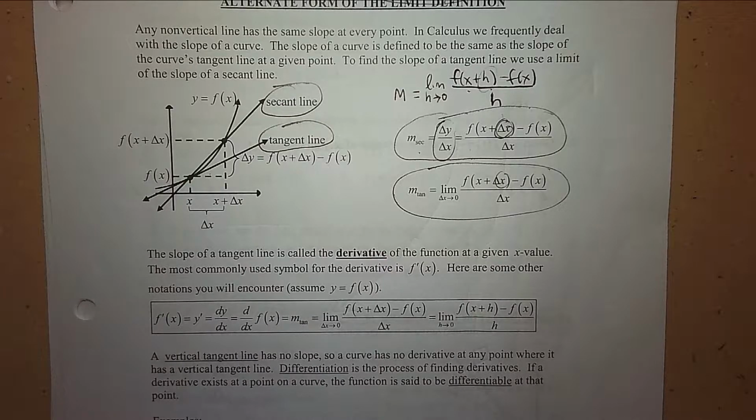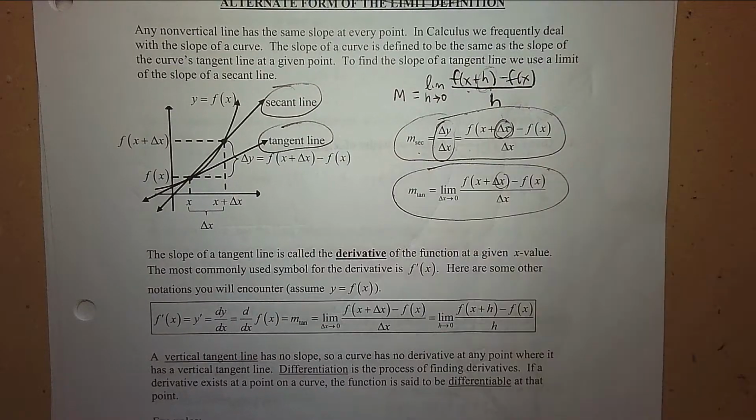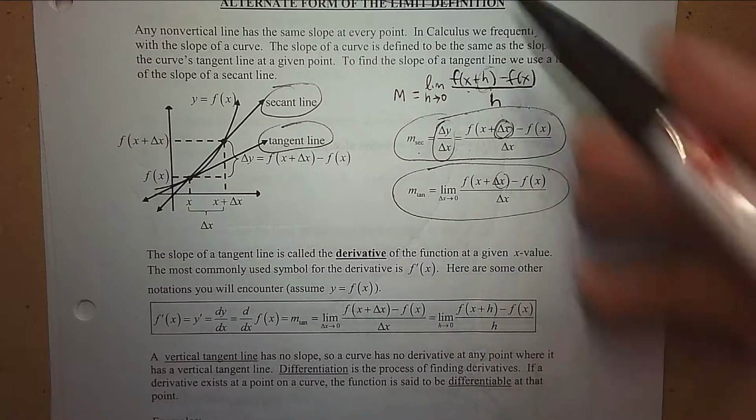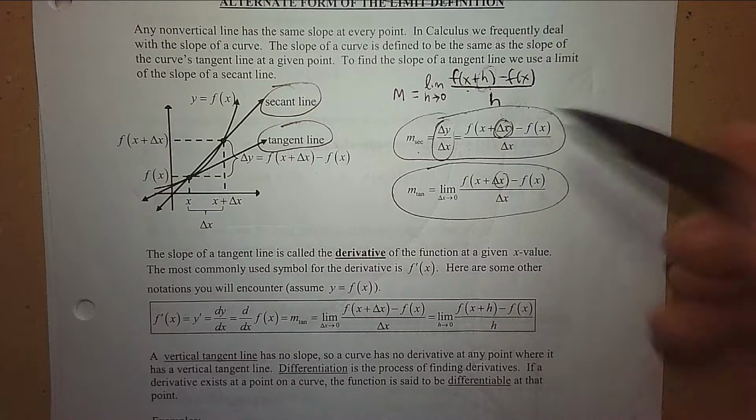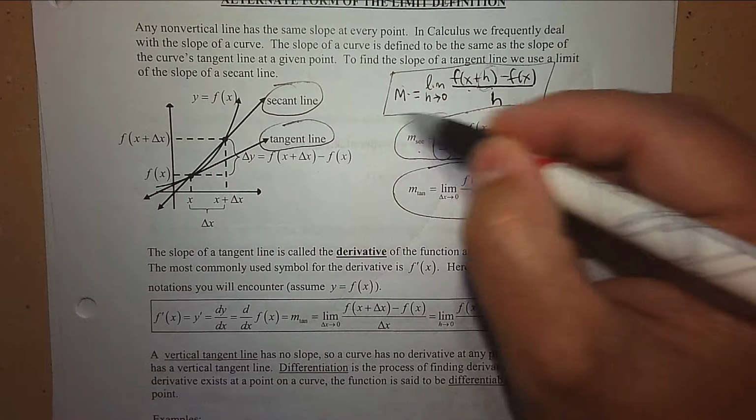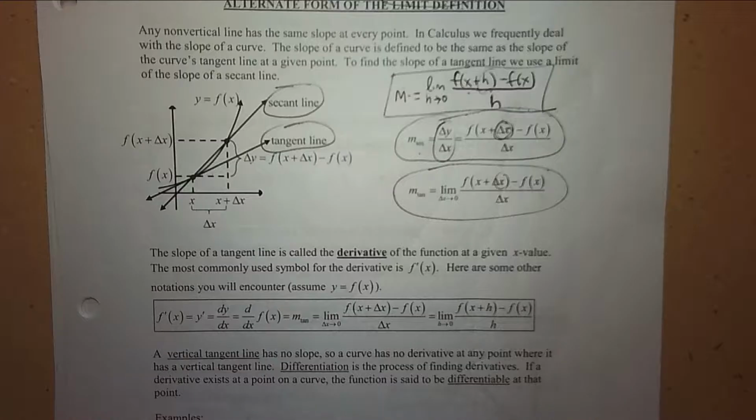So that h represents some number that you add to x to get a second point. And when that h becomes 0, we no longer have a second point, we now have 1 point. And limit allows us to find that slope, because it doesn't matter when you get there, it's what it's approaching, right? As we do it. You recognize this from something we did last week. Yes? Yes. So that's what we need to practice.